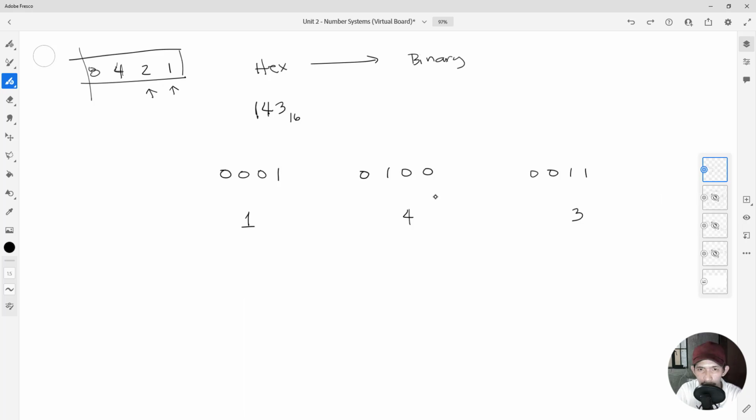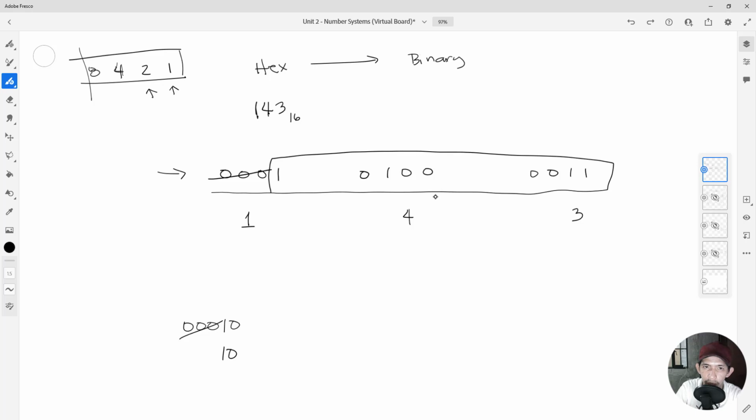Now, the zeros to cross out that I mentioned earlier are only those on the left. Just like in numbers, we disregard leading zeros, like 0, 0, 0, 1, 0, for example, so we disregard those. Instead of writing that, we just write 10. So we cross out the zeros at the start, and then we write it starting from the 1. Meaning, the value of our hexadecimal 143 is 1, 0, 1, 0, 0, 0, 0, 1, 1.